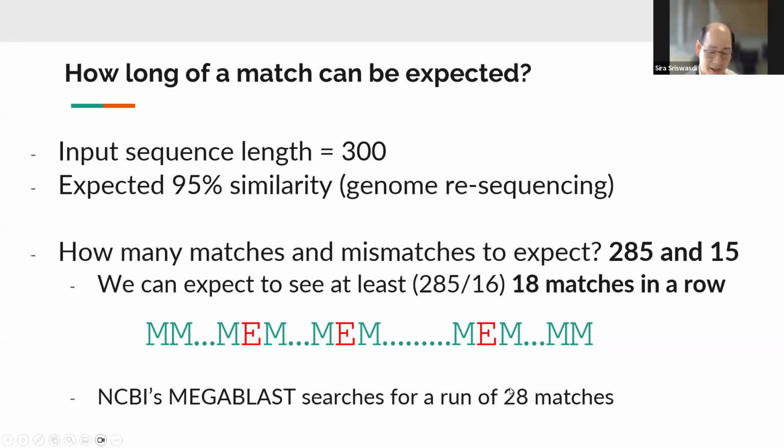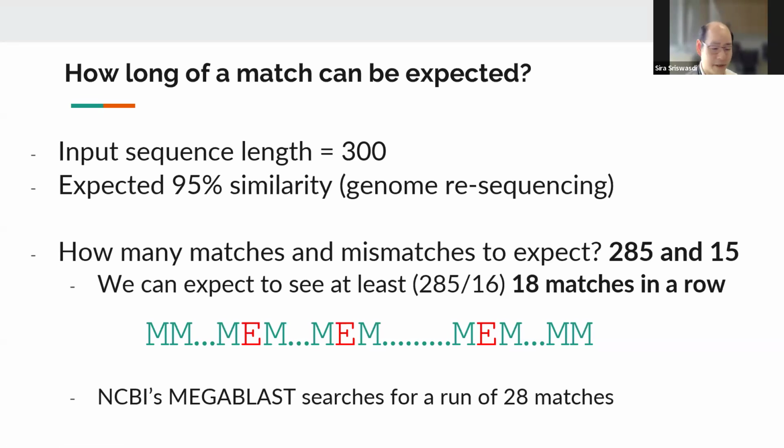Computer algorithms can exploit this relationship to say that if any answer were to be produced, that answer should have a certain number of matches in a row, and this can be a criterion that speeds up the search. So this is one idea.